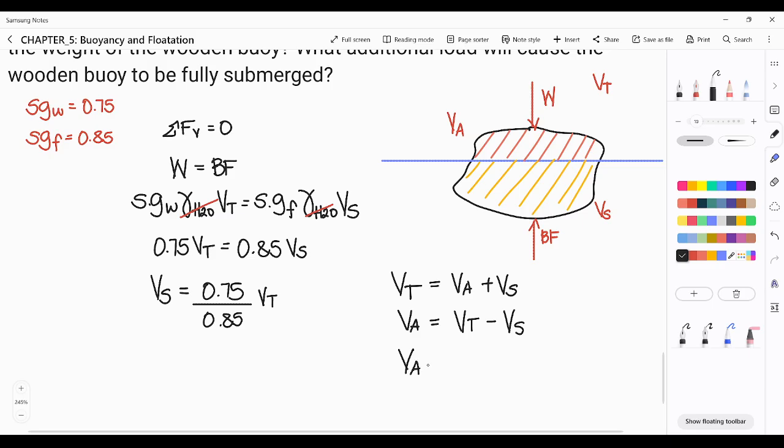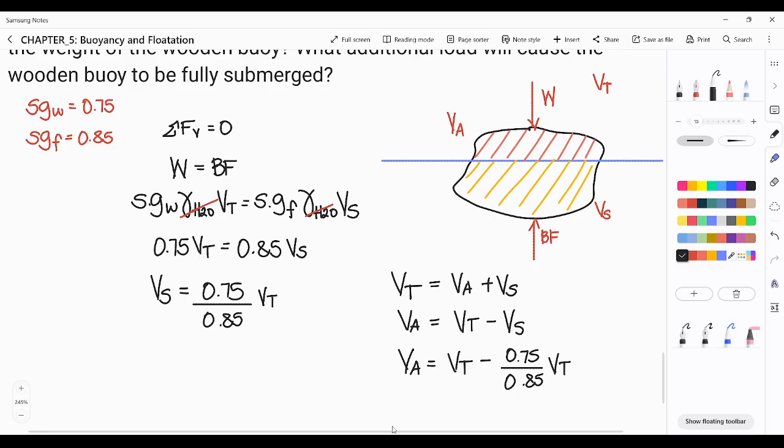So, the volume above the liquid surface is simply VT minus VS, which is 0.75 over 0.85 times the total volume.